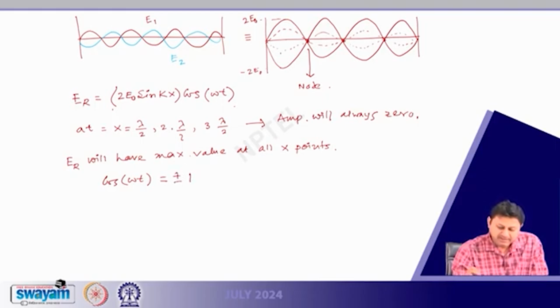So for a fixed x, if I want to find out what is the value of the amplitude, then when cos omega t is plus minus 1, these points will get the maximum amplitude.